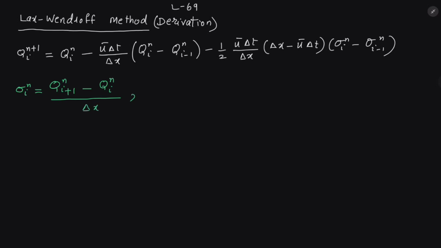And similarly, the slope for the case when we have i minus 1 is sigma n i minus 1, equal to q n i minus q n i minus 1 divided by delta x.